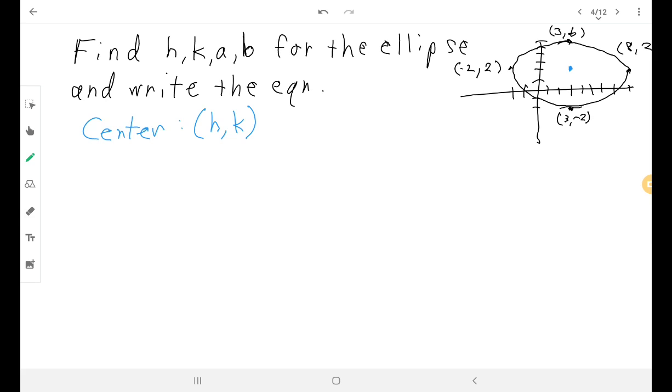This is typical for every conic section: ellipses, circles, parabolas, hyperbolas all have this same notation. The center is at (h, k). And a is this distance here, b is that distance there.